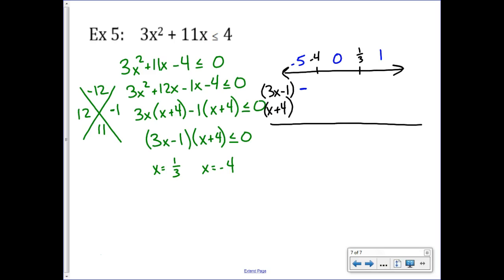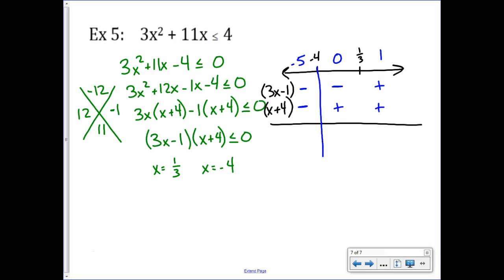And then -5 plus 4, that's also a negative. 3 times 0 minus 1, that's a negative. Then 0 plus 4, that's a positive. And then 3 times 1 minus 1, that's a positive. And 1 plus 4, that's a positive.